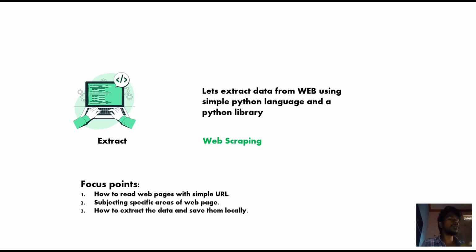So how can you use that simple URL to read a web page? And as I said, there are many areas: navigation bar, text areas, pictures. How can we select a specific area from that web page? We are going to see that as well. And once we select one specific area, how can we extract data from there and save it locally? That is also our focus point.